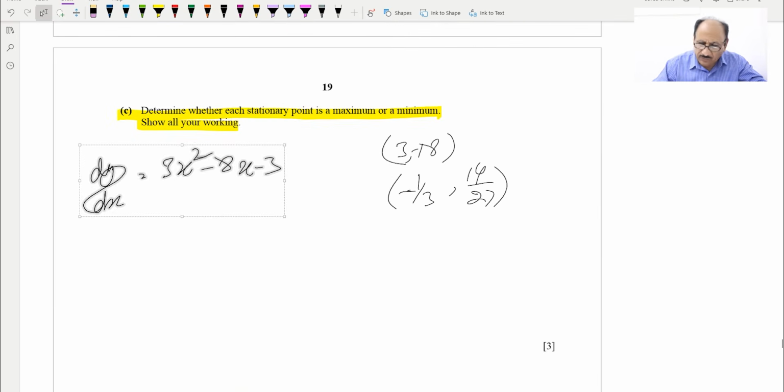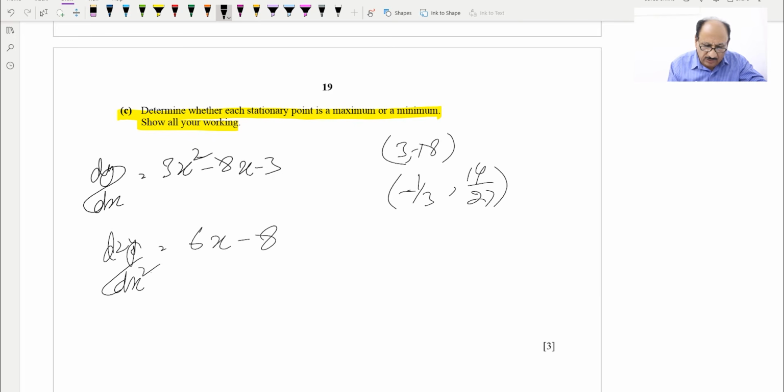Now for the second order derivative test, we take d²y/dx², which is 3 into 2, that is 6x − 8. This will be our second order derivative. Now we take d²y/dx² at x = 3 for the first point.